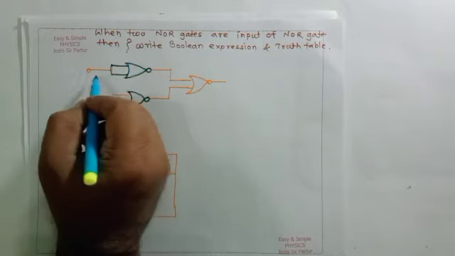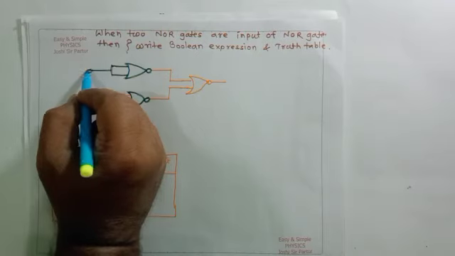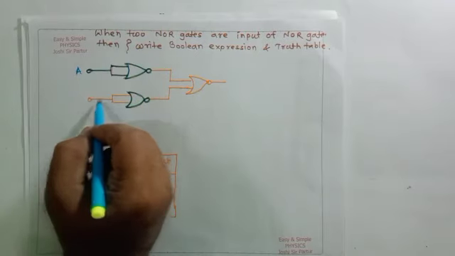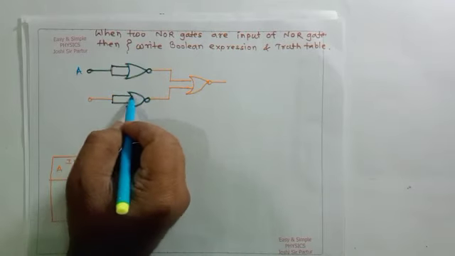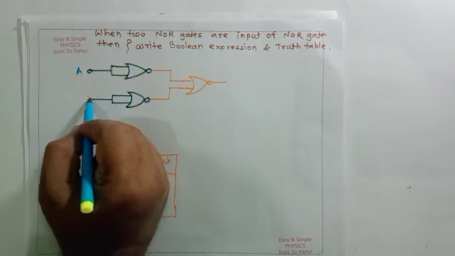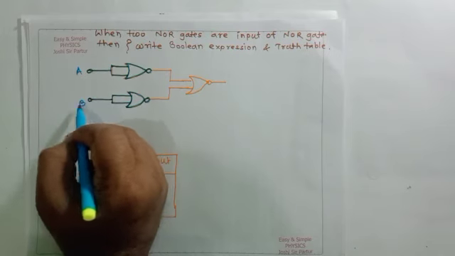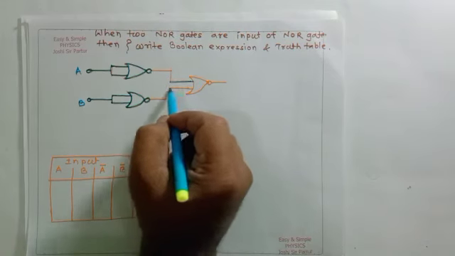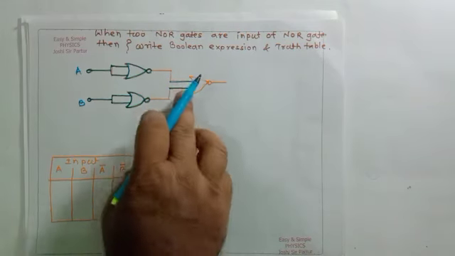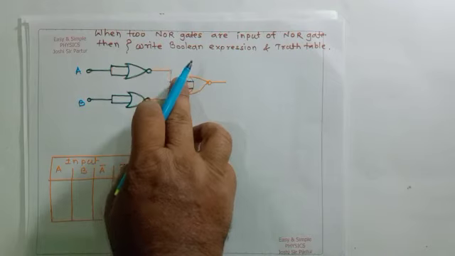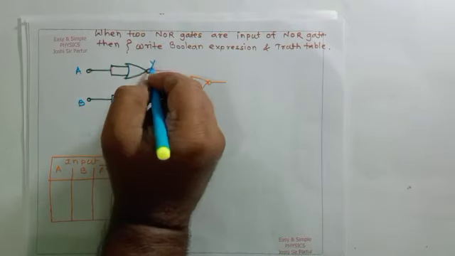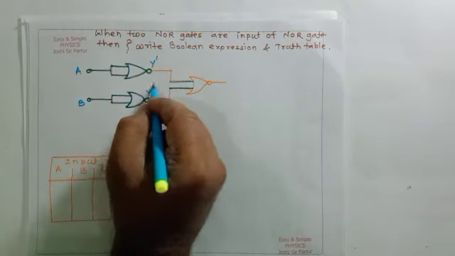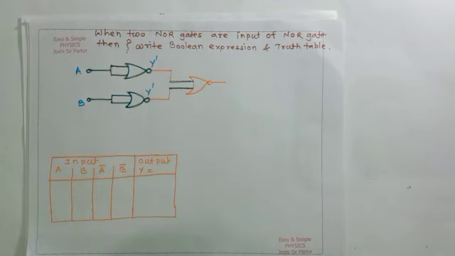Here the combined inputs become one input, that is A, and for the other NOR gate, its combined inputs represent B. Y dash will be the output for the first NOR gate, and Y dash will be the output for the second NOR gate.